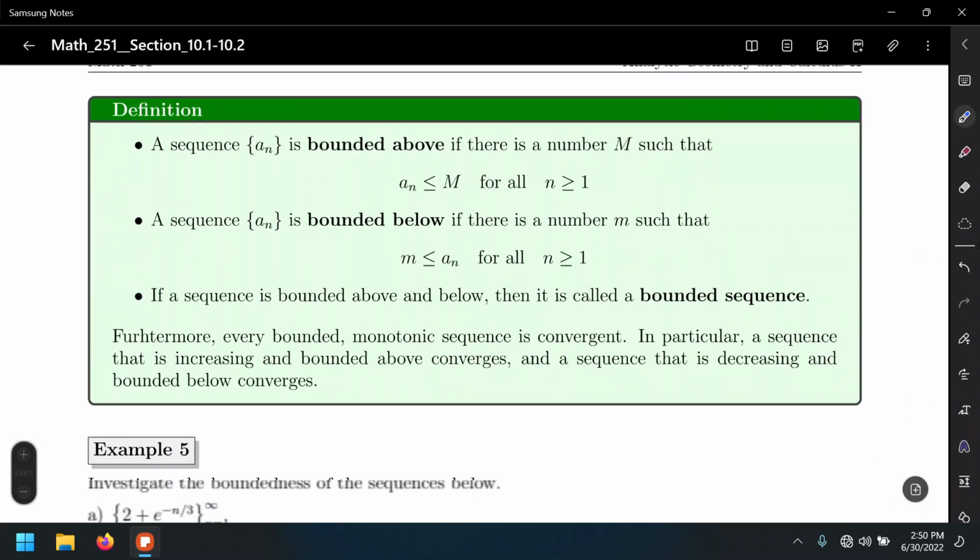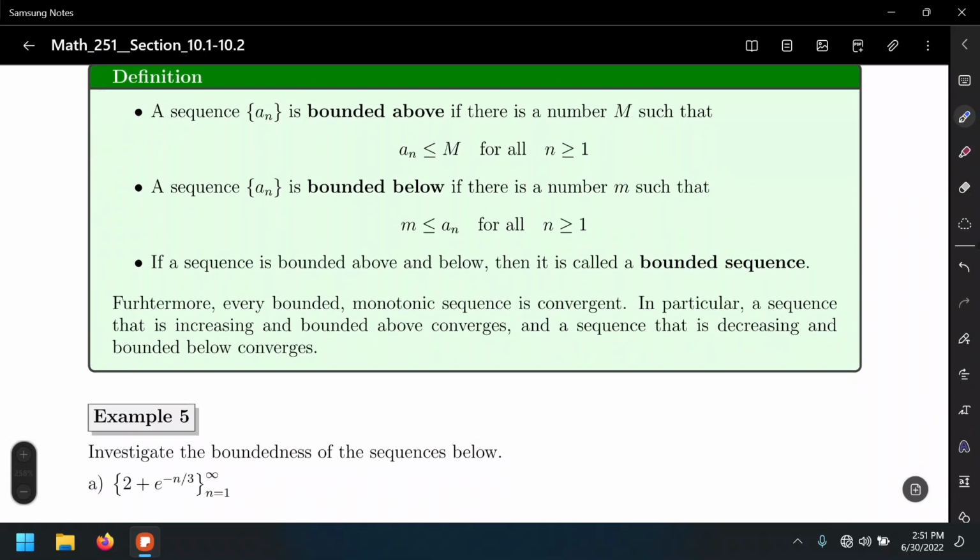Okay, more definitions. Sequences are bounded above, bounded below, or simply bounded whenever, for example, we have a sequence with increasing values. It's increasing, and it will asymptotically get to a maximum value.